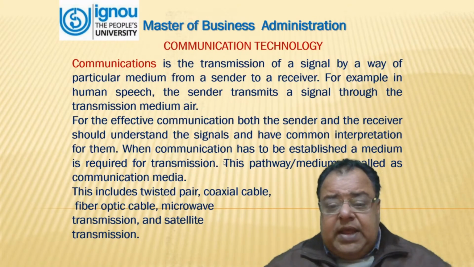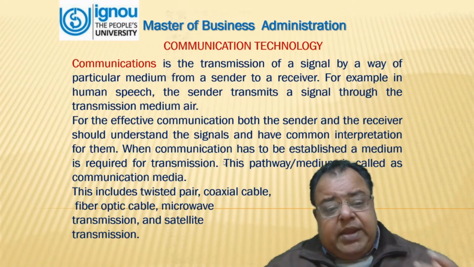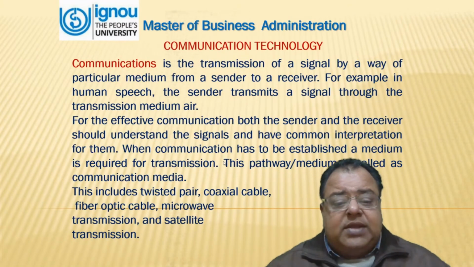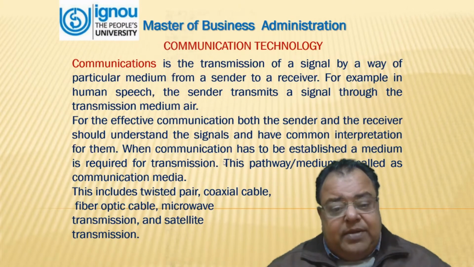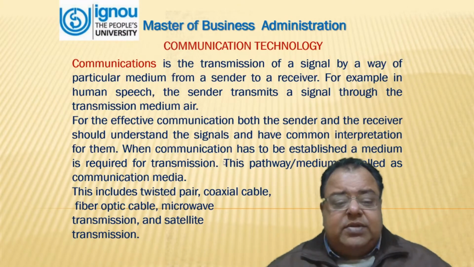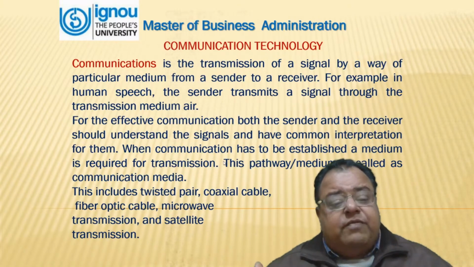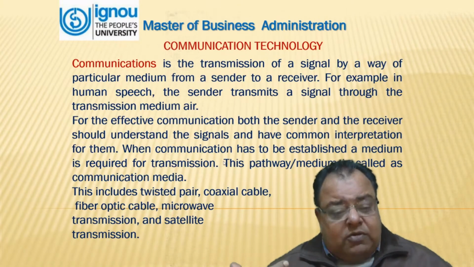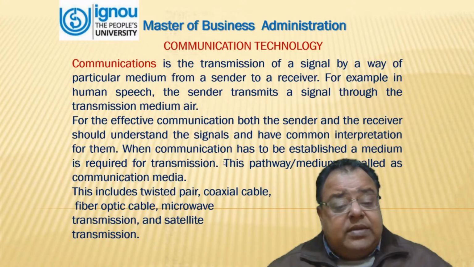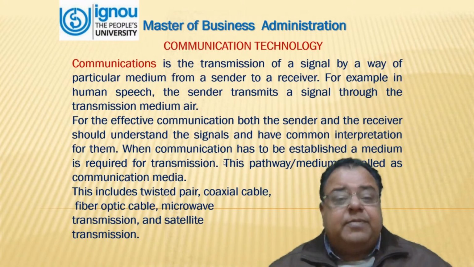When communication has to be established, a medium is required for transmission. This pathway medium is called the communication medium. This includes twisted pair, coaxial cable, fiber optic cable, microwave transmission, and satellite transmission.